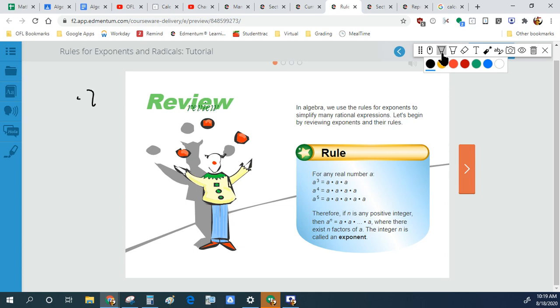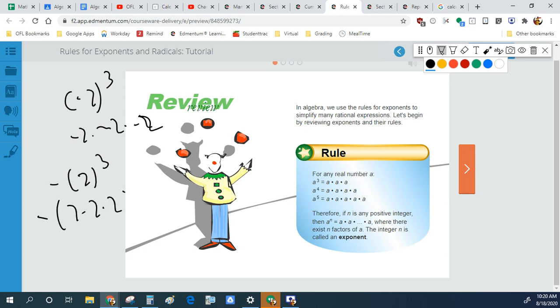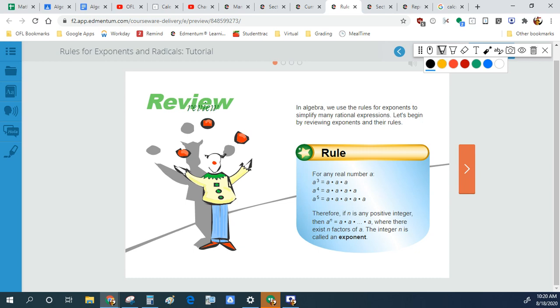If I have something like -2 in the parentheses to the third power, this is -2 times -2 times -2. Sorry about my bad writing, guys. This is different than if I said 2 to the third power, because this is 2 times 2 times 2. There is no negative in the parentheses; the negative is outside, so it's not being affected.